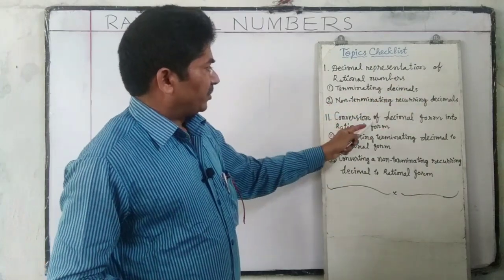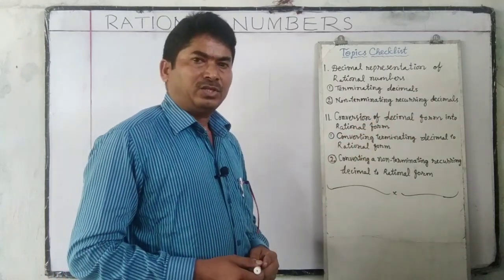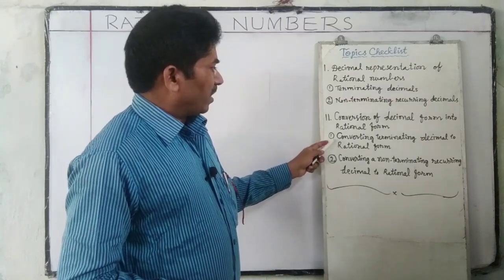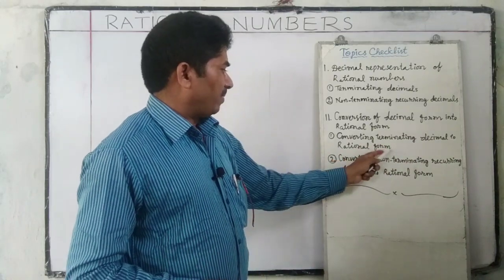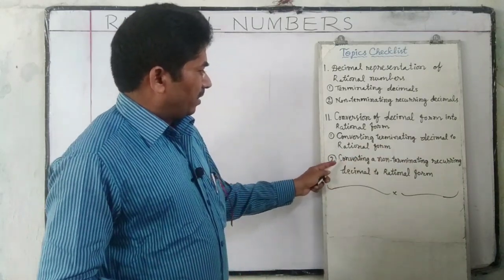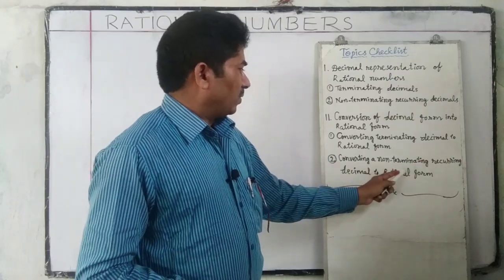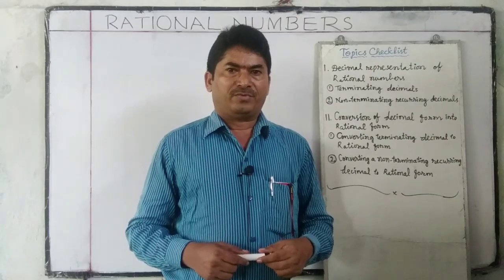Second one, conversion of decimal form into rational form. These also have two forms: converting a terminating decimal to rational form and converting a non-terminating recurring decimal to rational form. Let us learn one by one.